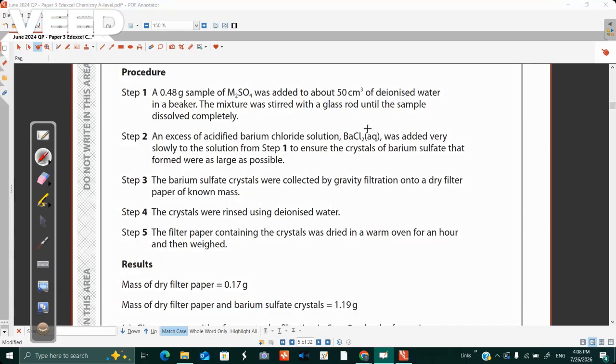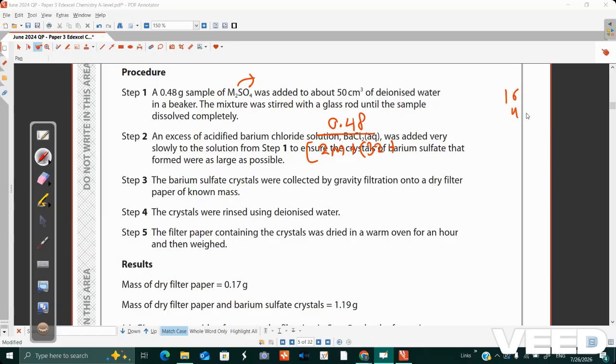So we can find the number of moles of M here. 0.48 divided by, let's say M is unknown, 2 M's. Sulfur is what? 32. Oxygen is 16 times 4, 64.